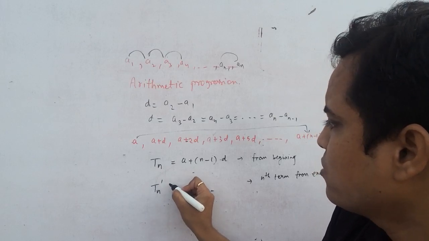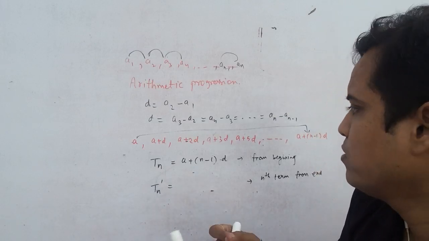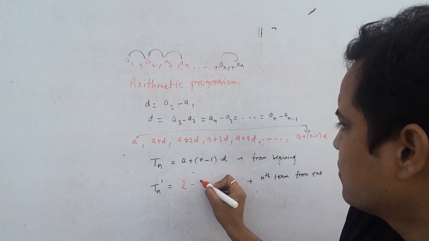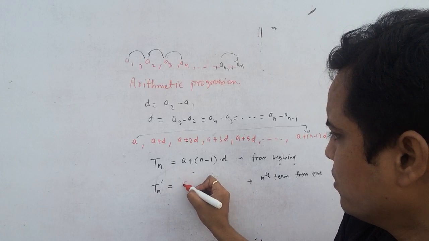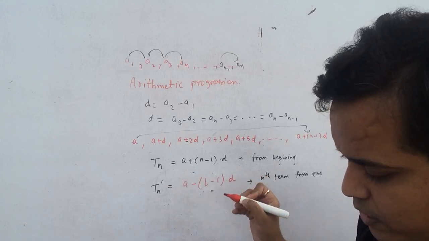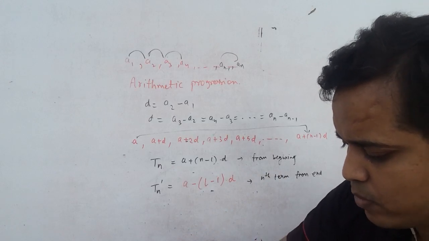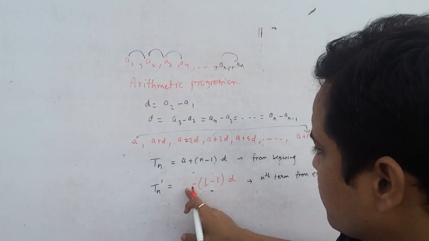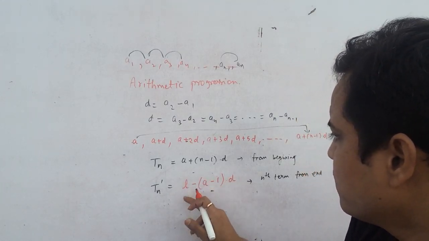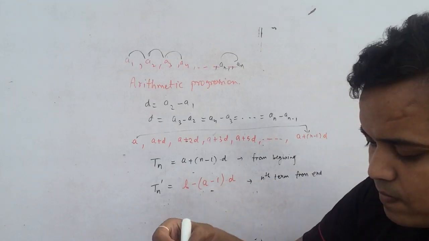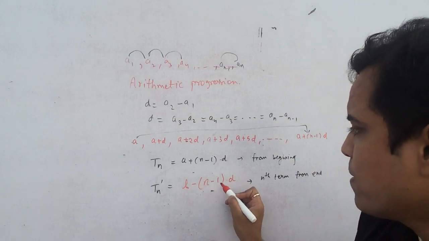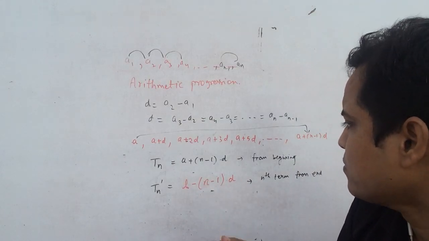Suppose this is Tn dash, and what do you need to do? This is L minus (n minus 1) into D. Sorry, L minus (n minus 1) into D. You have to learn this.